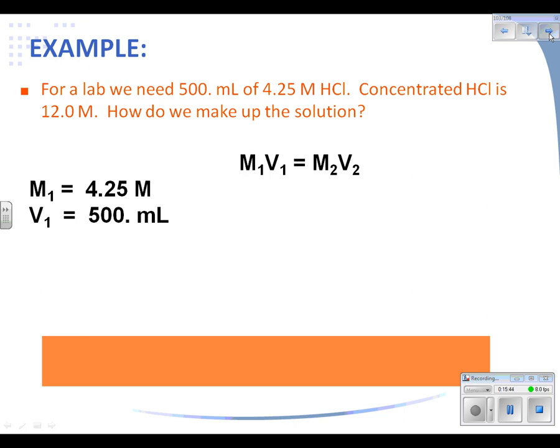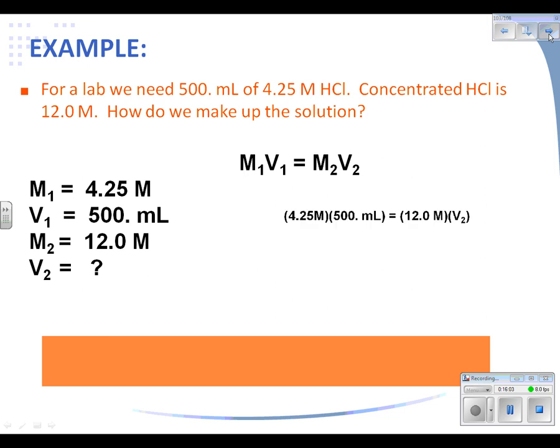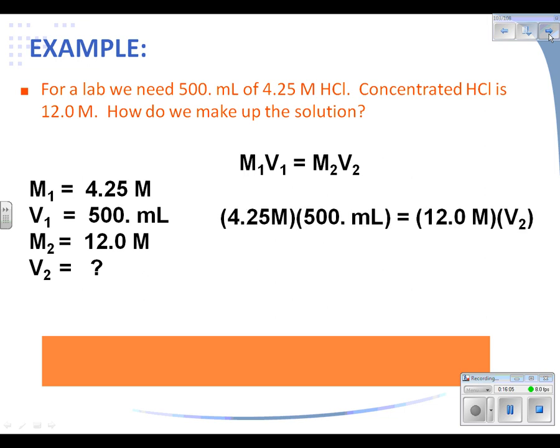We're using 12 molar hydrochloric acid, which is exactly what we do in lab when we need smaller amounts of different concentrations. What volume will we need of this higher concentration to make this lower concentration? We plug it into the equation: 4.25 multiplied by 500, then divide by 12, because the opposite of multiplication is division, to get our V2 by itself. You'd end up with 177 milliliters.